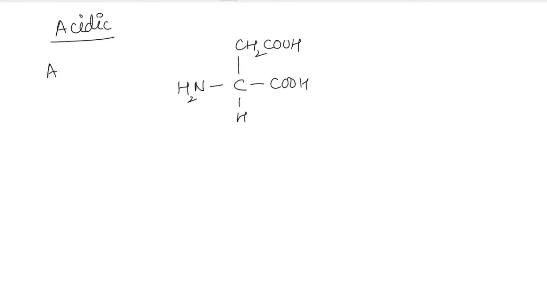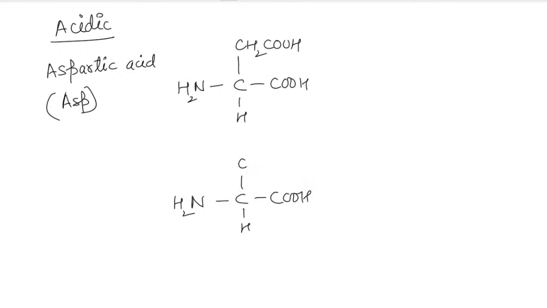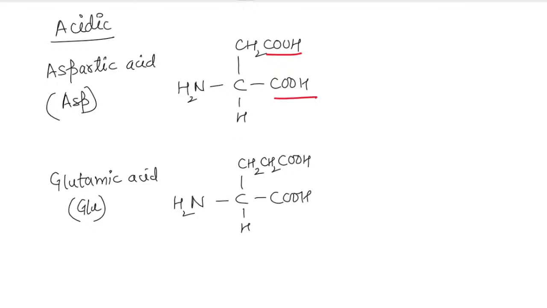So that is actually aspartic acid, and it is one of the acidic alpha amino acids. And if it is like NH2 CH COH, and instead of CH2 COH it is CH2 CH2 COH, so that is called glutamic acid, and this is also an acidic alpha amino acid, because they have two COH groups and one NH2. At least two examples you should keep in mind.